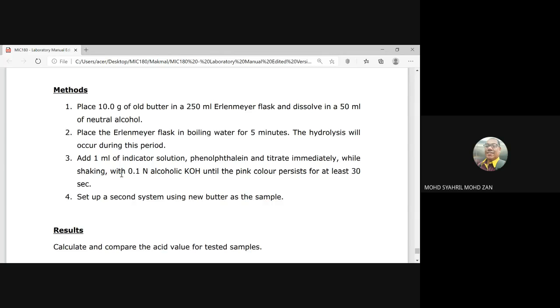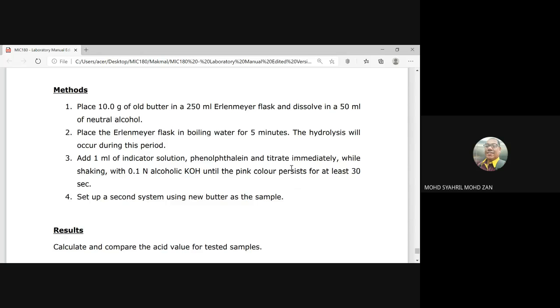Okay, for this acid value, you have to use 0.1 N alcoholic KOH, ataupun potassium hydroxide, until the pink color persists for at least 30 seconds.